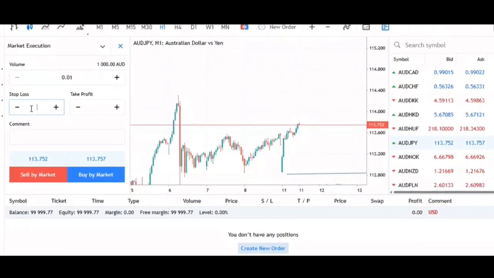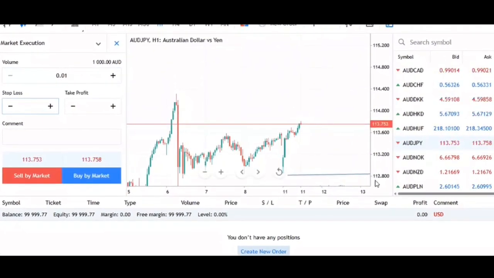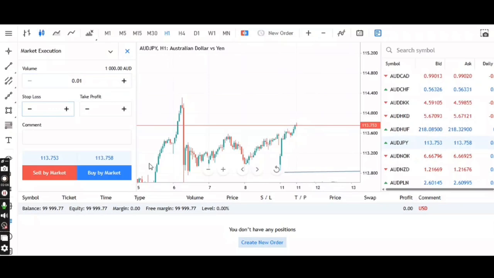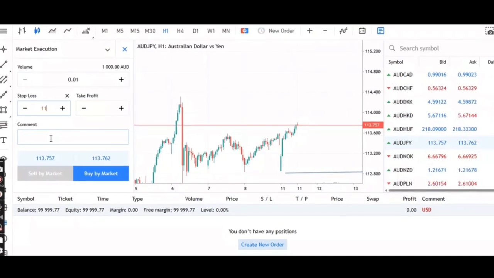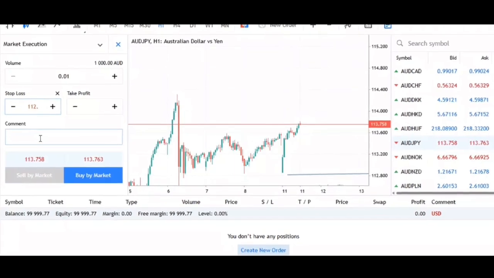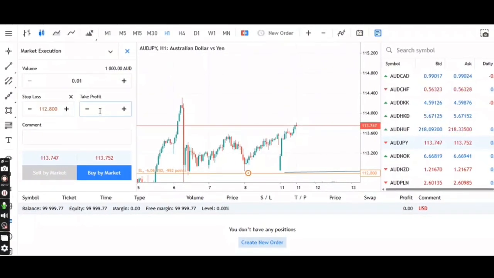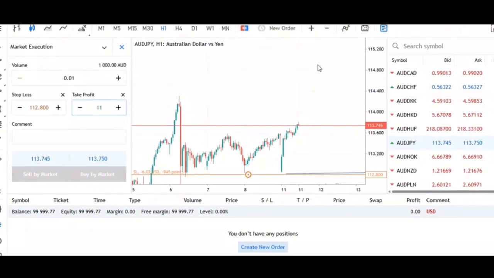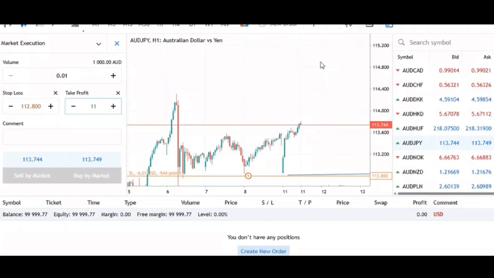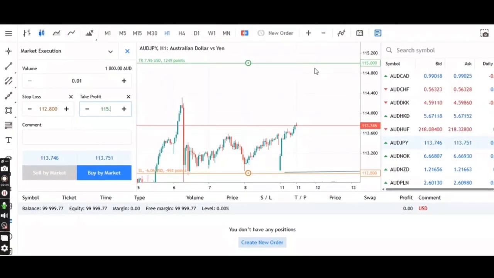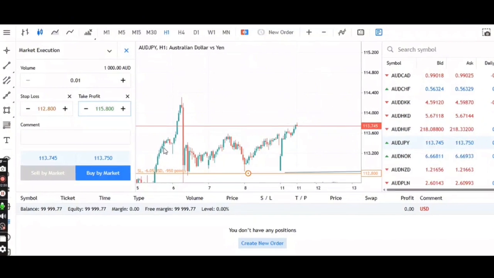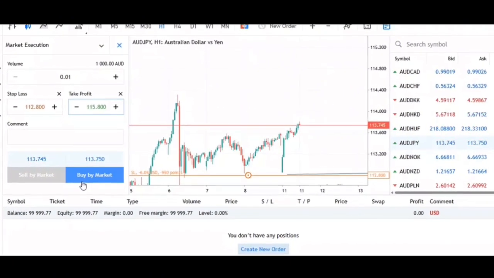My stop loss, as you can see from here, is 112.800, and then my take profit is 115.800. As you can see here, it's already showing me buy by market.